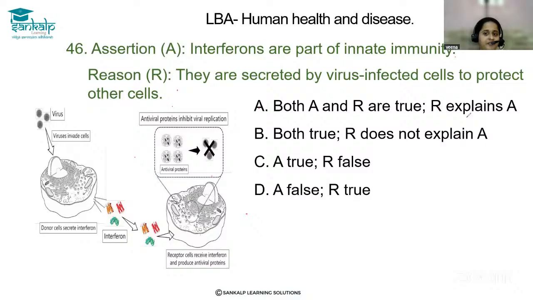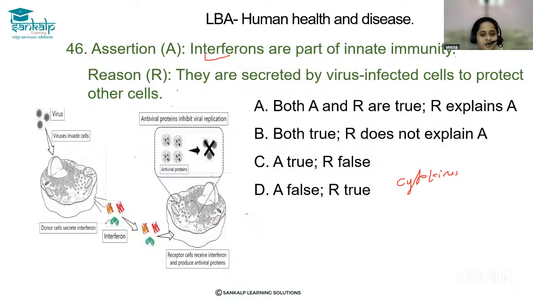Yes, we have already discussed that interferons come under cytokines, right? So these interferons are part of innate immunity only, that is correct. And they are secreted by virus infected cells. Yes, they are secreted by the virus infected cells.